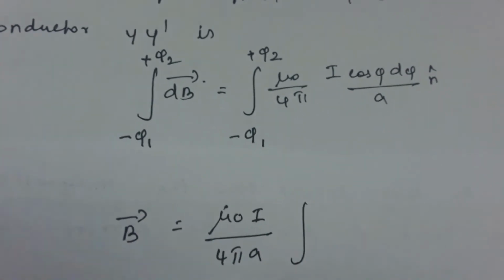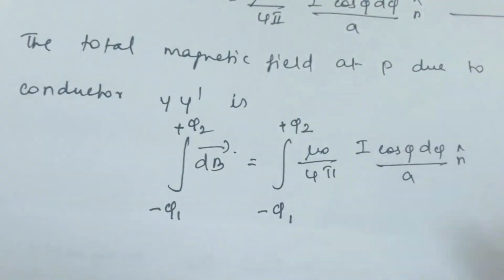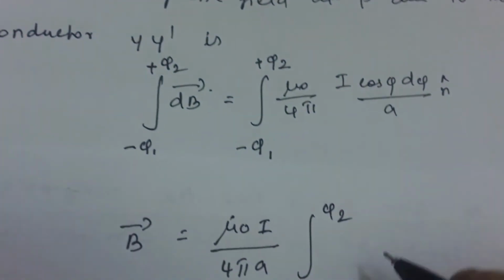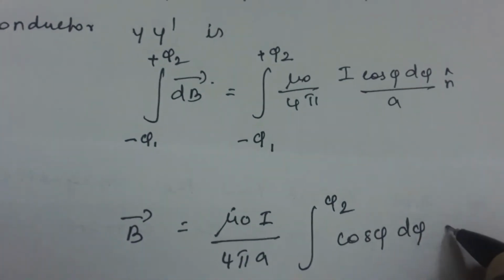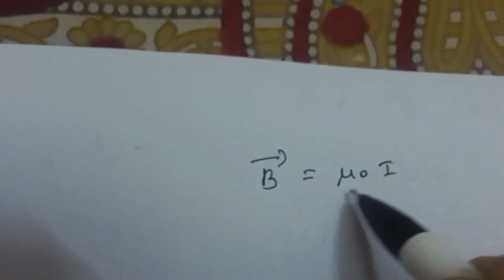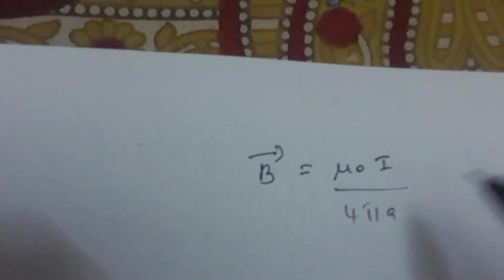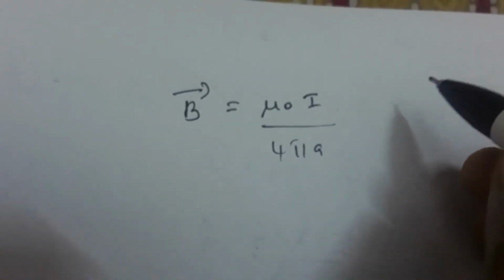Integral from minus phi 1 to phi 2 of cos phi d phi into n unit vector. So B vector is equal to mu 0 I by 4 pi A. The integral of cos phi d phi is sin phi.